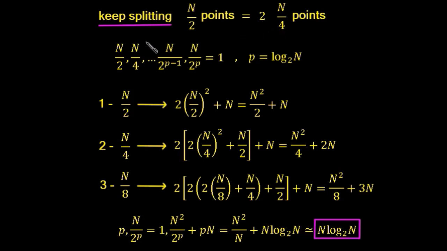So in generality, we could split something down into n upon 2, n upon 4, n upon 8, n upon 16, 32, so on and so forth. So you could have a value of n over 2 to the power of p, and eventually that would give you a value of 1, and you couldn't split it any further. So therefore you could rewrite this and say that the value of p would be equal to log to the base 2 of n.